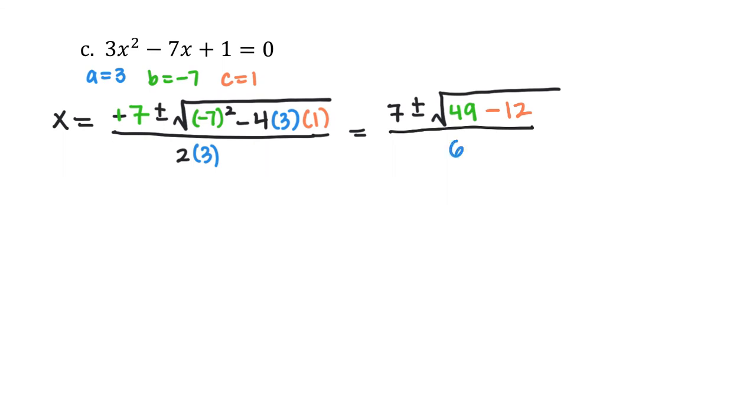Okay, let me just simplify my radicand. 49 minus 12 is 37 over 6. Okay, now can I simplify the square root of 37? No, I can't. So I'm going to leave it like that, and I'm going to have an irrational answer.